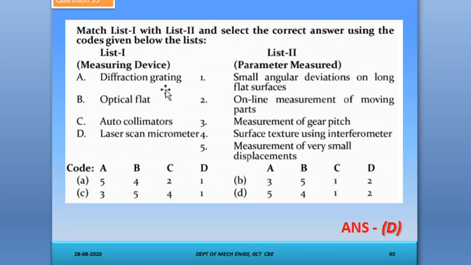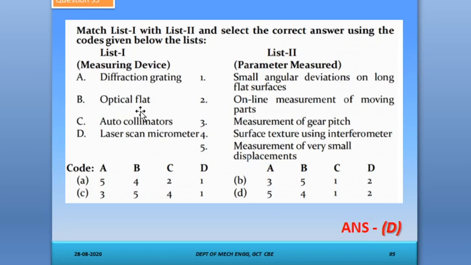The diffraction grating is used for the measurement of very small displacements, the fifth one. So 1 matches 5.